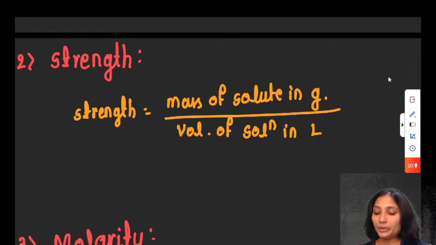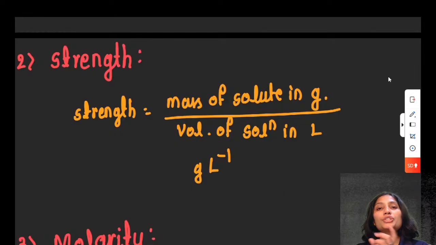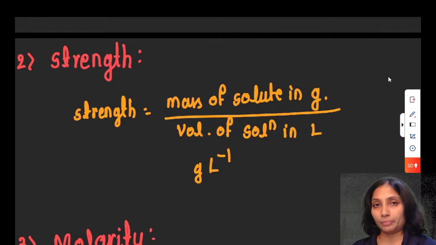So what will be the unit? Gram per liter. So how many grams of solute is present in 1 liter of solution? That is nothing but strength.